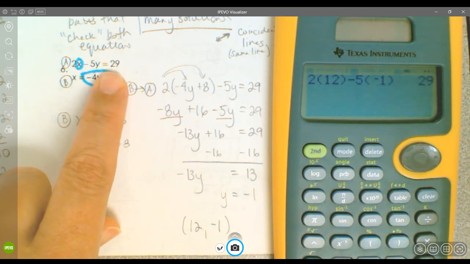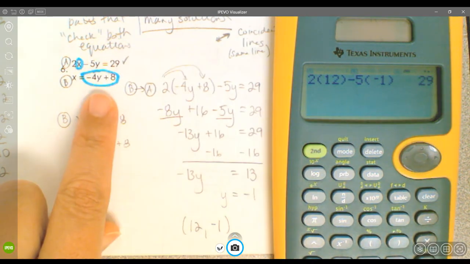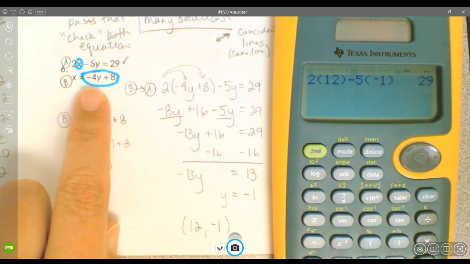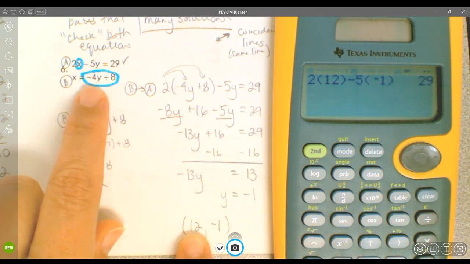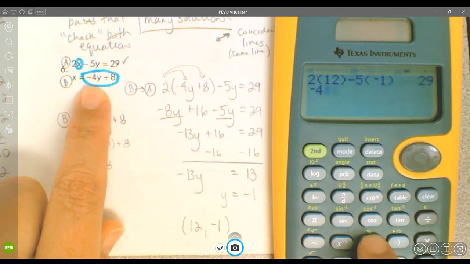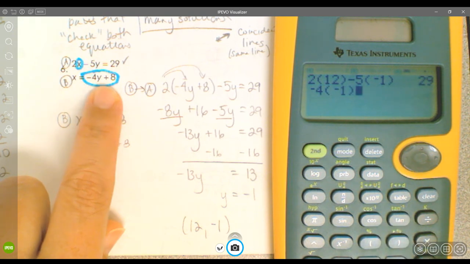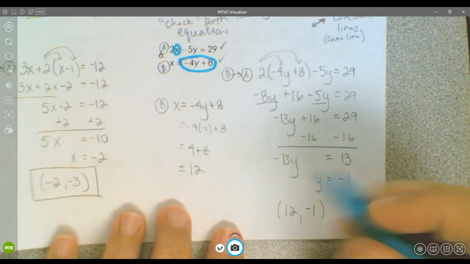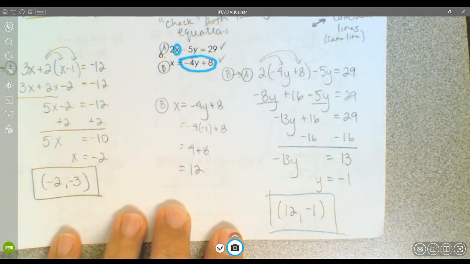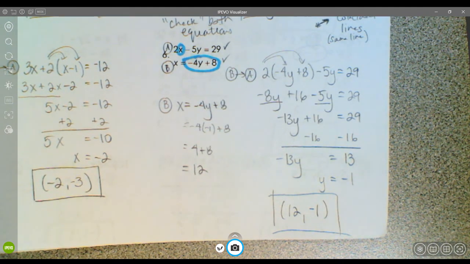Do I get 29? Yes. Yes, I do. Now, does x equal this? So x is 12. Does 12 equal negative 4 times negative 1 plus 8? Boom. Yes, it does. So guess what? This is my right answer. I stand by this answer because I plugged it in.